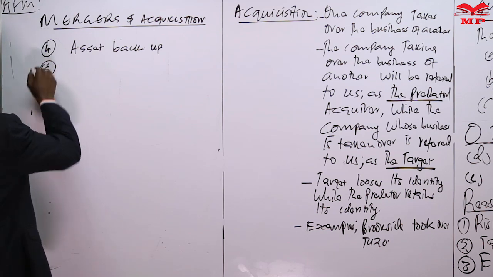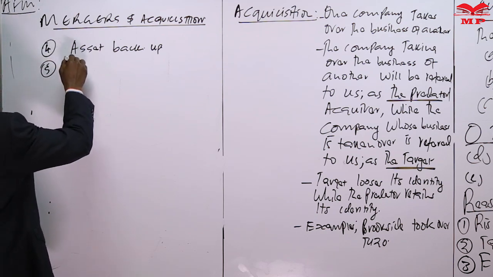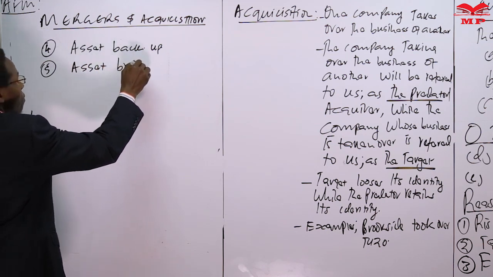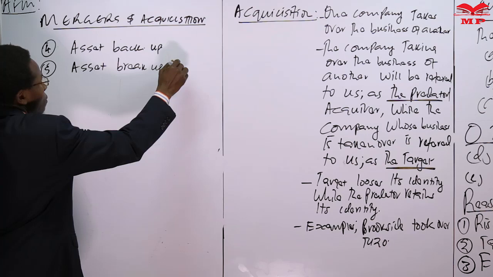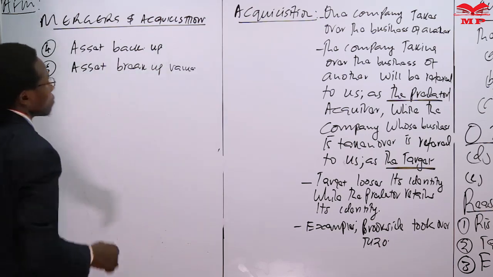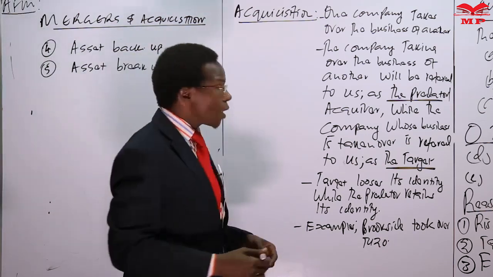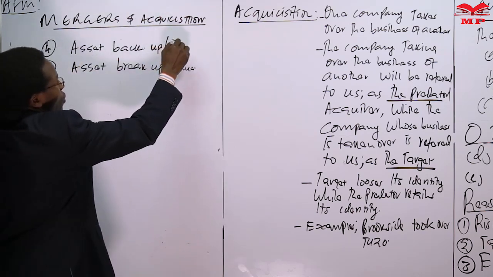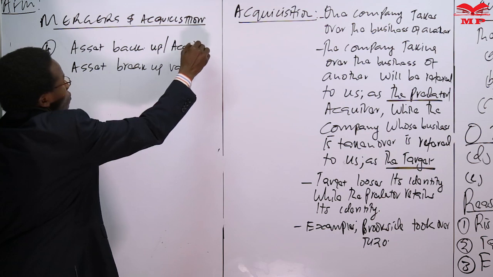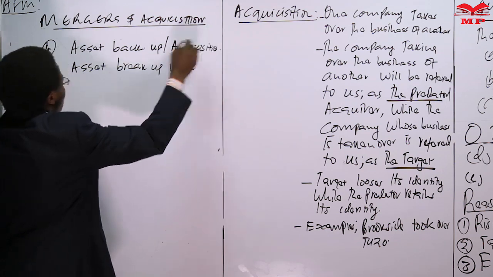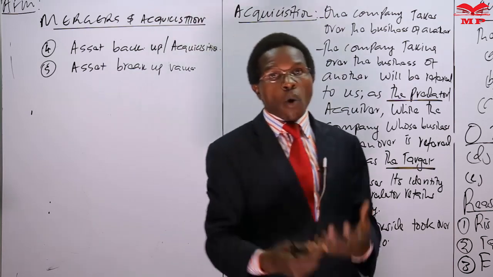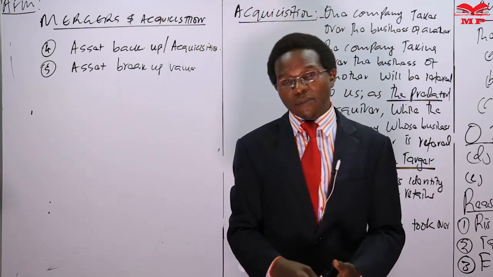Number 5, we also have the asset breakup value. Now, we can also say asset backup is simply asset acquisition. So asset breakup value is where we want to acquire or merge with another company.